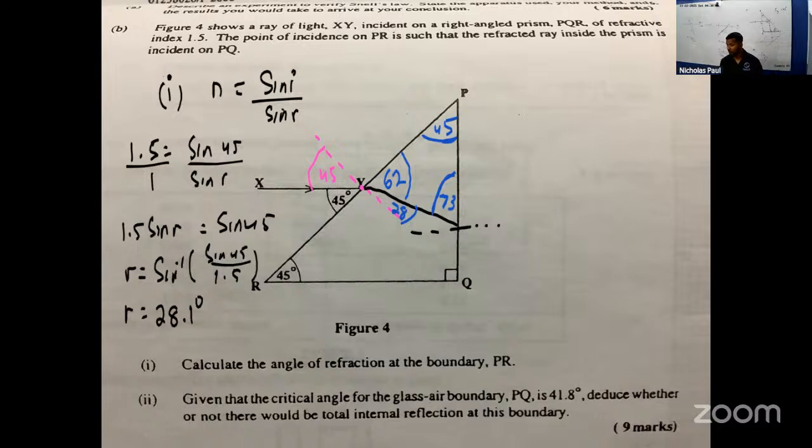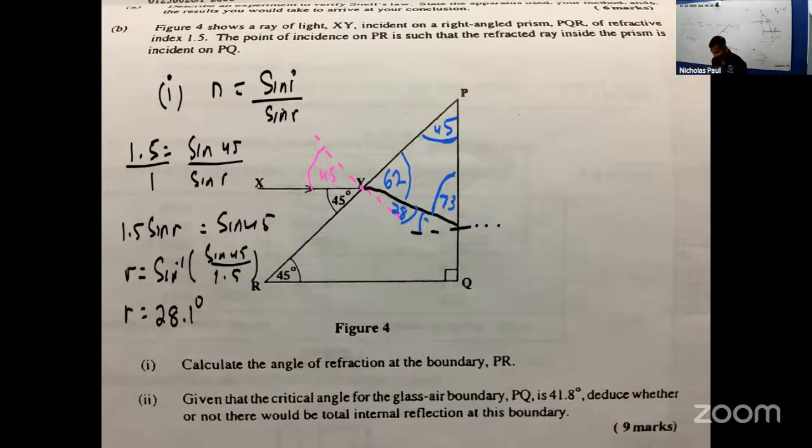Wait a minute. Last part. We have to figure out the angle of incidence here. Right? Rajiv, what's the angle I just drew there? I'll shade it here for you in case you miss it. What's this angle here? Rajiv said 28.